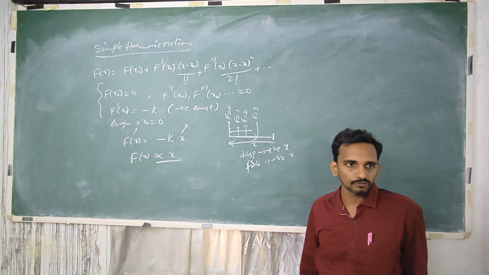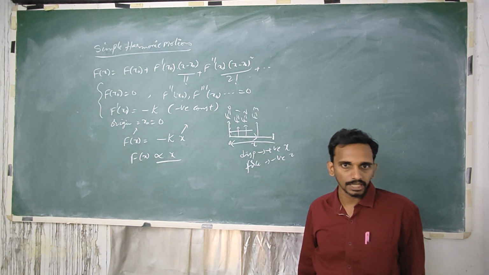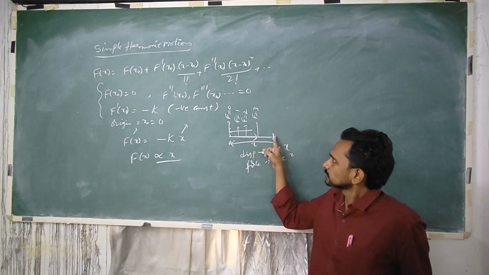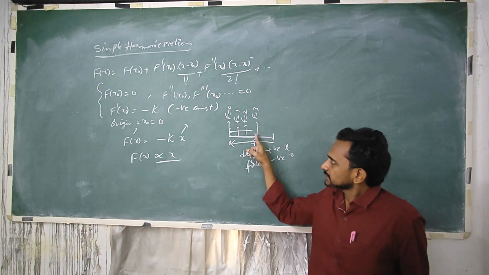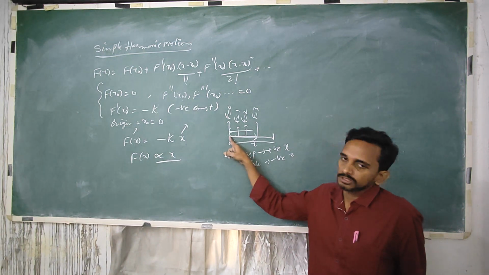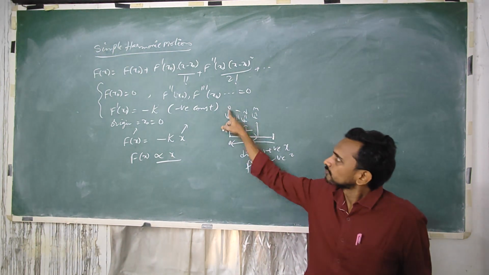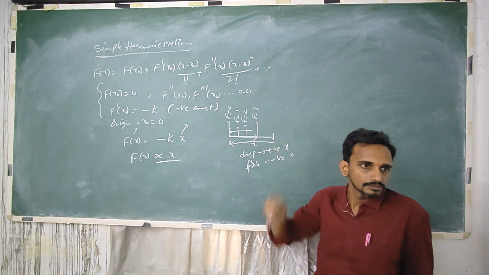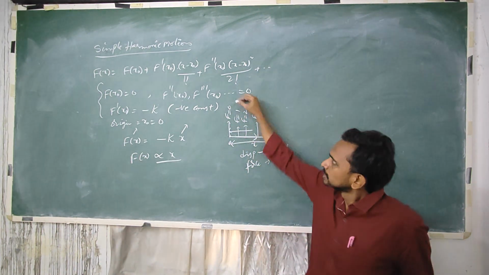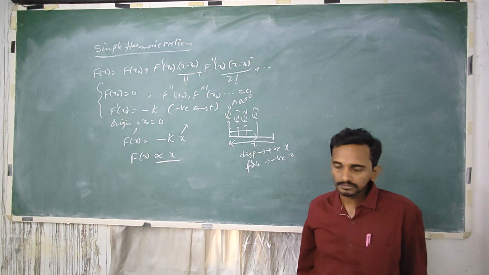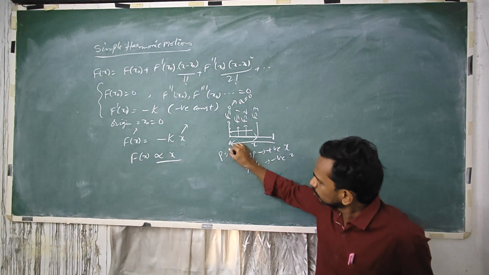Okay, so when there is a force, there is an acceleration. The object moves, its velocity keeps on increasing up to this point, and at this point force is 0. So acceleration is 0. That means what? Momentum is constant.